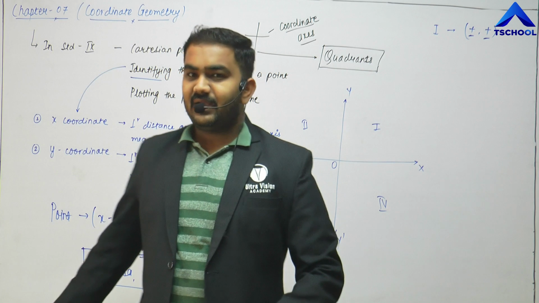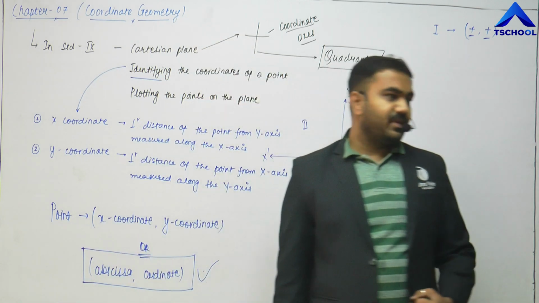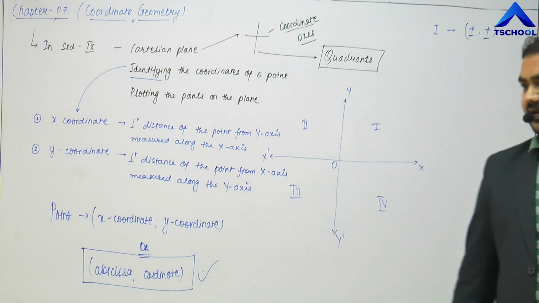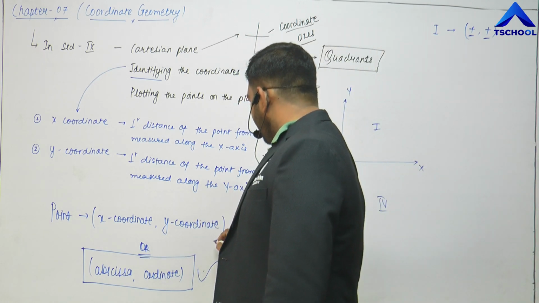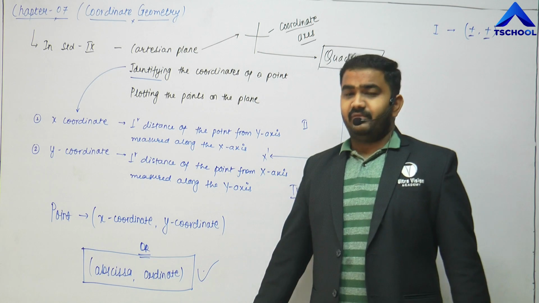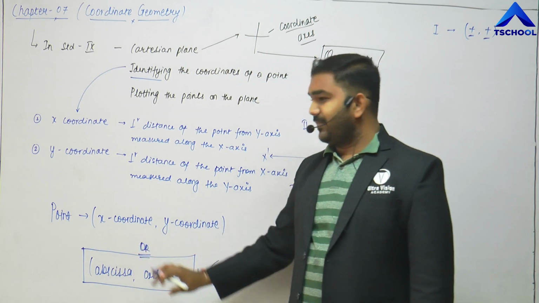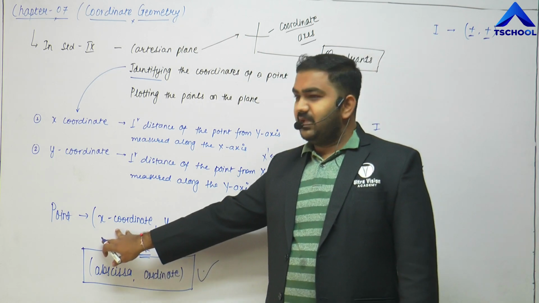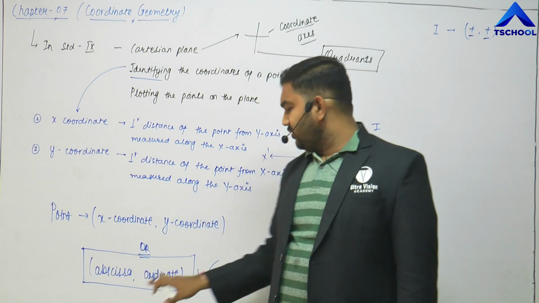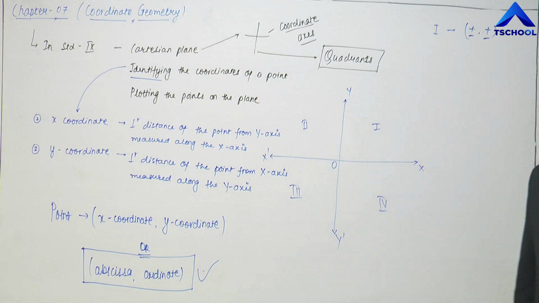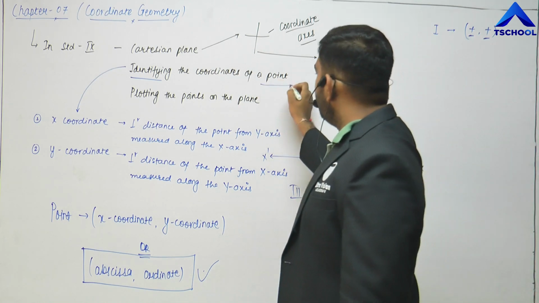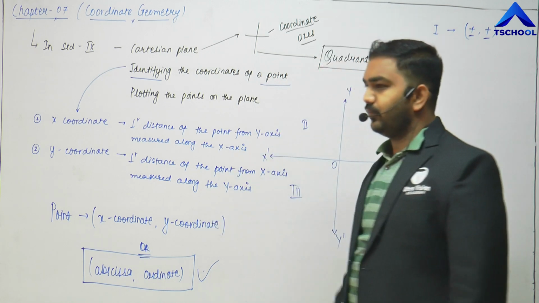You will be writing the point as the ordered pair of x coordinate and y coordinate. That means inside the round brackets, we shall write down, separated by a comma, the first one will be our x coordinate or abscissa, comma, the second one will be our y coordinate or the ordinate of the point. Is it clear, friends? So that was about identifying the coordinates of a point and writing down the point.